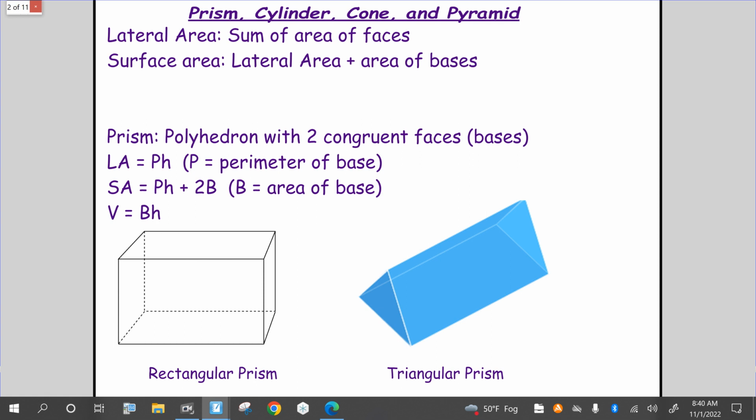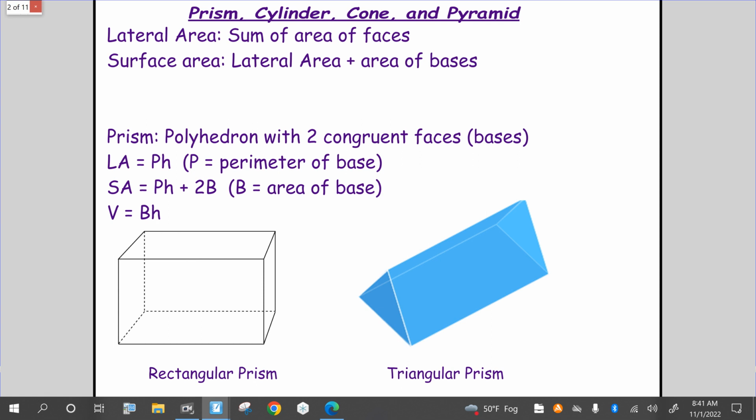So while you guys are finishing up drawing these, I'm going to go ahead and talk about what these things are. So lateral area is the sum of the area of the faces. So when I think about lateral area, I think about painting a room. When you go in to paint a room, what do you usually paint? The walls. You don't paint the ceiling or the floor, right?